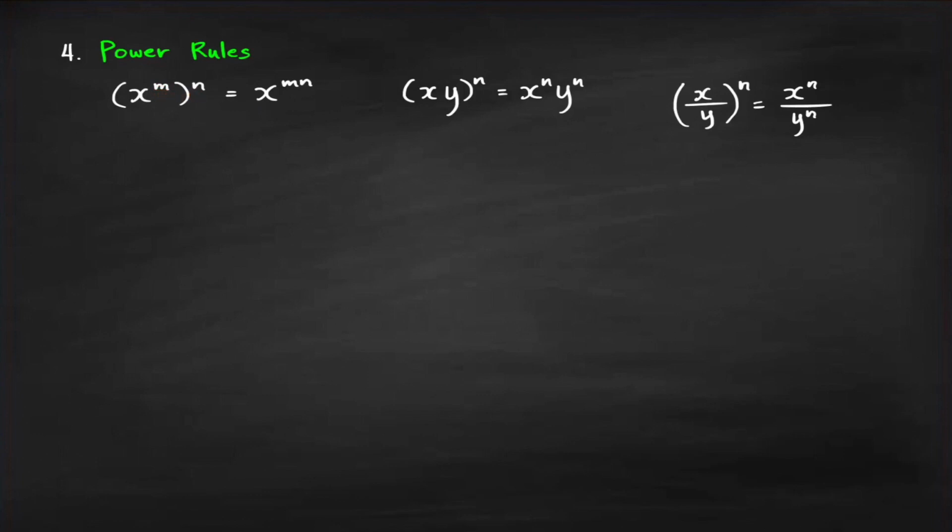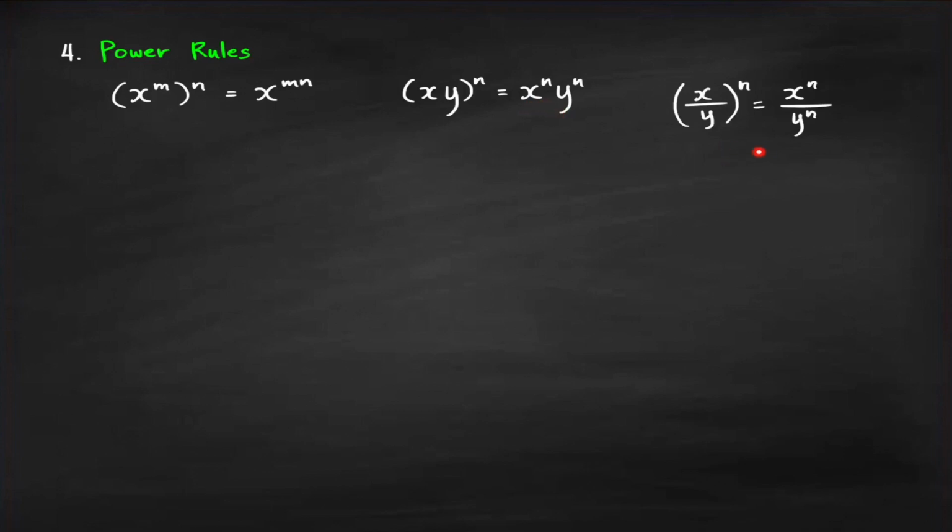The second power rule is the power of a product. So we have here the product of x and y. When we raise a product to a power n, we can raise each factor to that power. So here the factors are x and y. So the nth power of the product xy is equal to the nth power of x times the nth power of y.